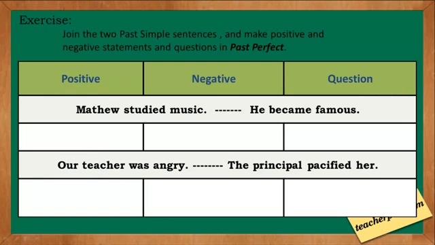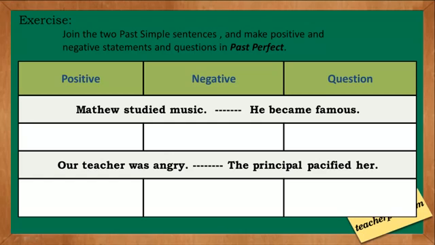For our exercise, join the two past simple sentences or clauses and make positive and negative statements and questions in past perfect. The first sentence would be the past perfect. Number 1. Matthew studied music and he became famous.